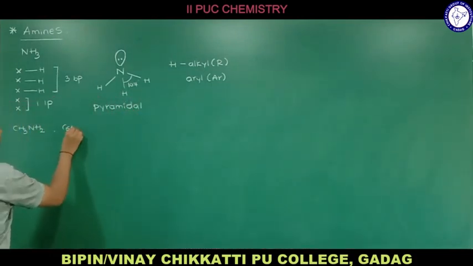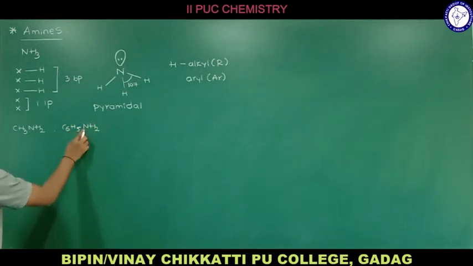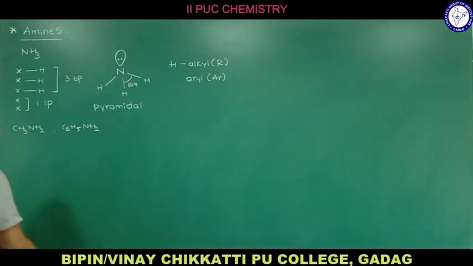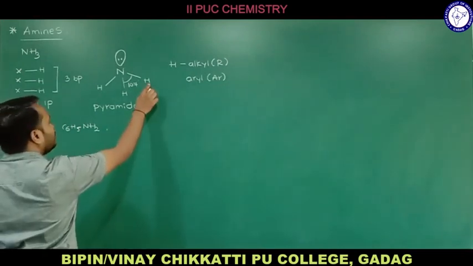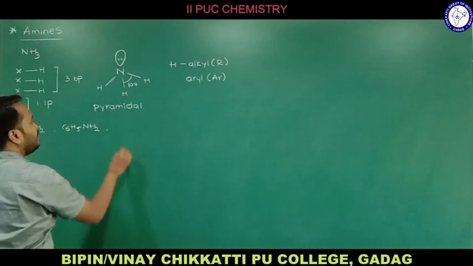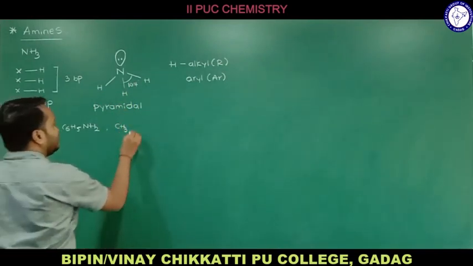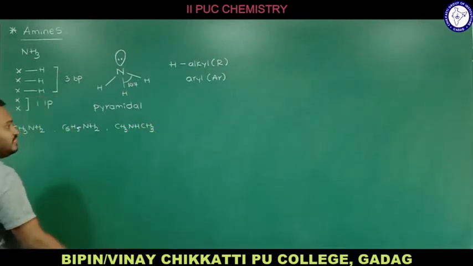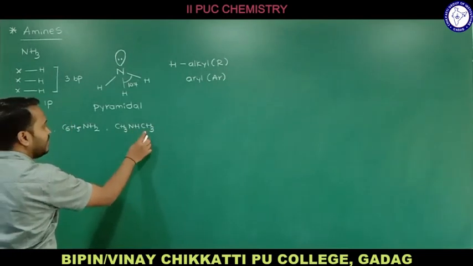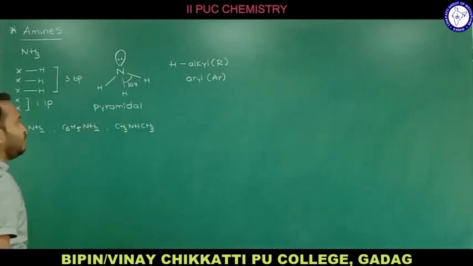One more example I can consider is C6H5NH2. Here 1 hydrogen is replaced by a phenyl group, which is an aryl group, and that also belongs to the category called amines. As I said, not only 1 hydrogen but also the remaining hydrogens can be replaced. Now the next example I am going to consider is CH3NHCH3. If you observe this example, 1 hydrogen is replaced by a methyl group on each side and we have NH. This also belongs to amines.